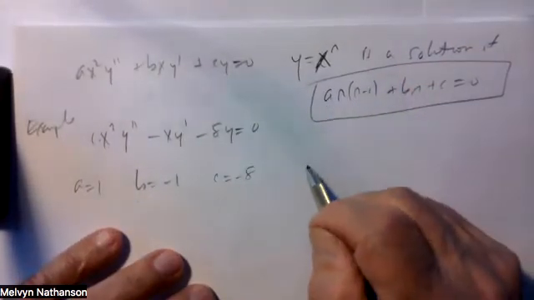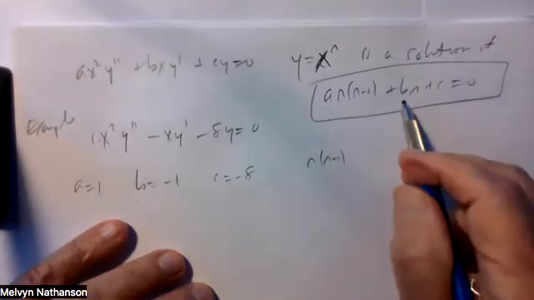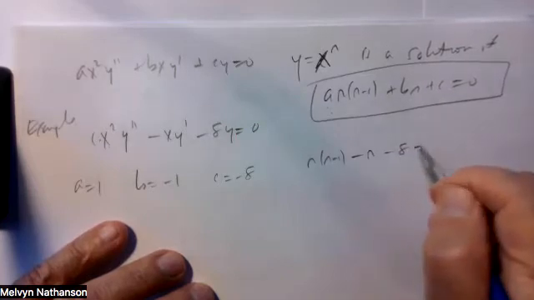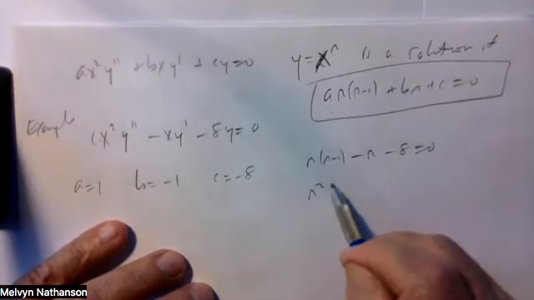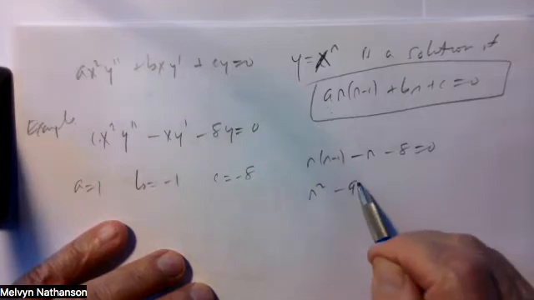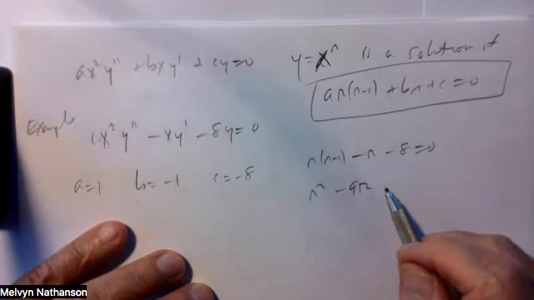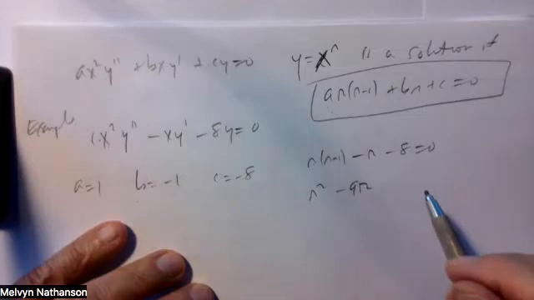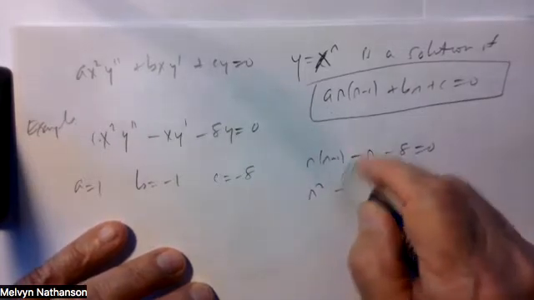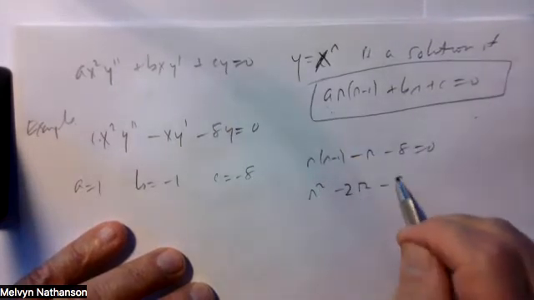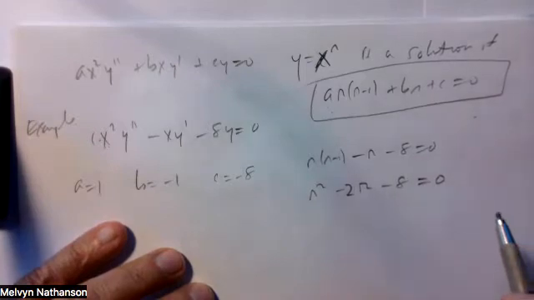This says 1 times r times r minus 1, plus b r, which is minus r, plus c, which is minus 8, equals 0. Oops, that's r squared minus r minus r minus 8, that is, r squared minus 2r minus 8 equals 0.